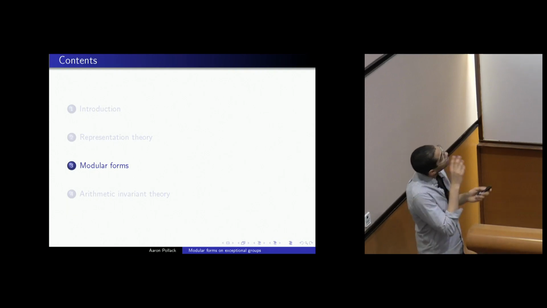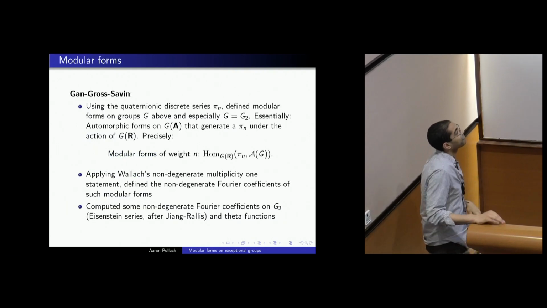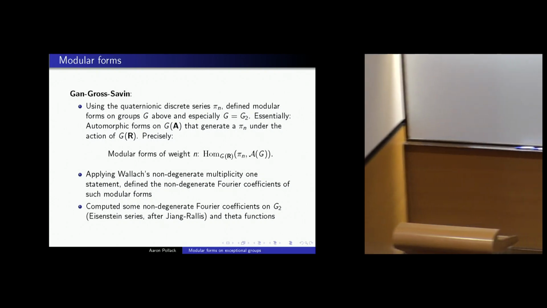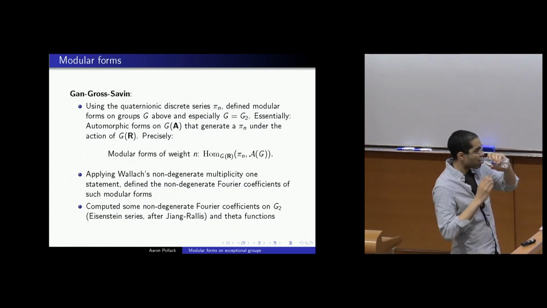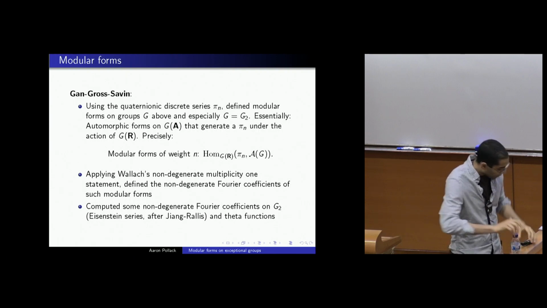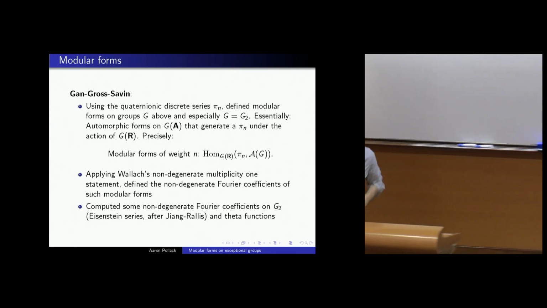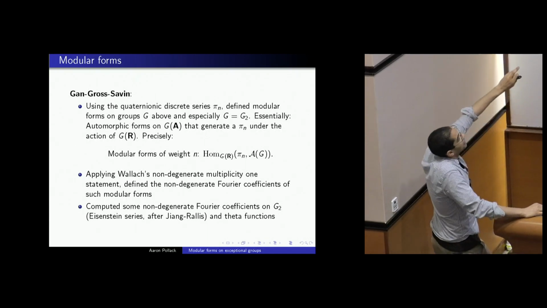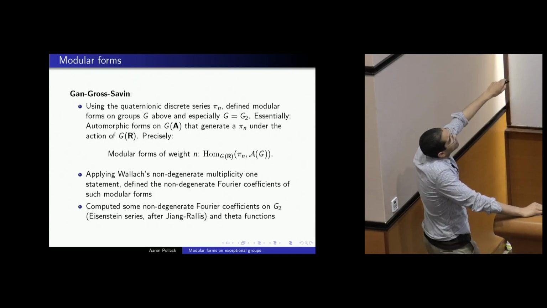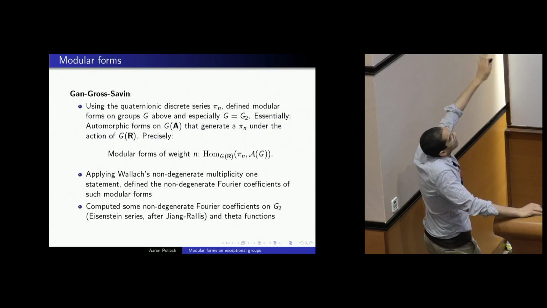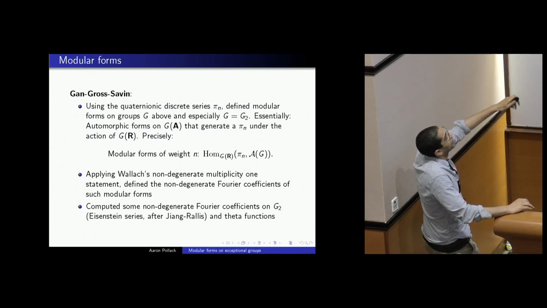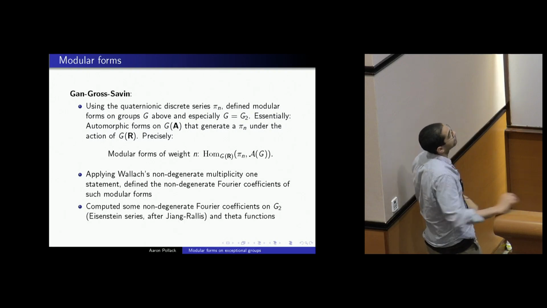Okay, so this was the representation theory. Okay, so using these quaternionic discrete series representations pi n, Gan, Gross and Savin had defined modular forms on these groups G, in particular on G2.